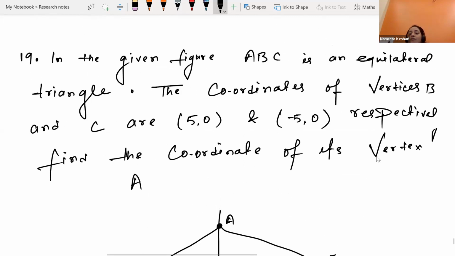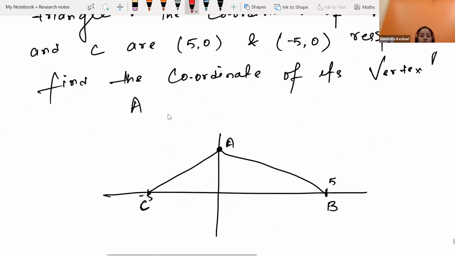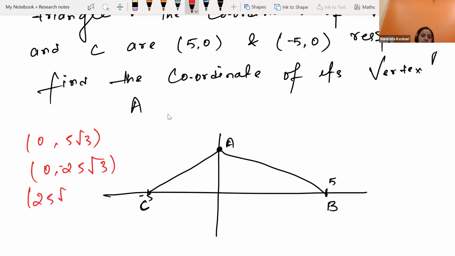Find the coordinate of its vertex A. Okay, its vertex coordinate we have to find, and options are also given over here. So 0, 5 root 3; 0, 25 root 3; minus 25 root 3; 25 root 3, 0; and none of this.